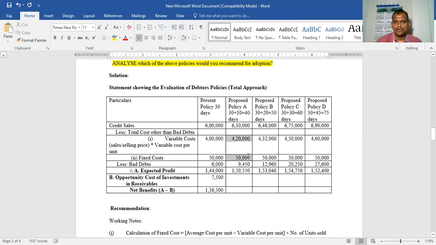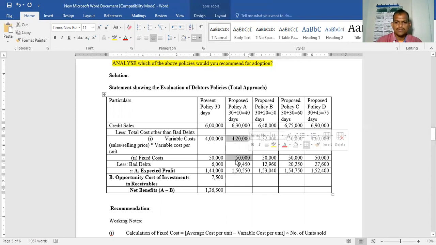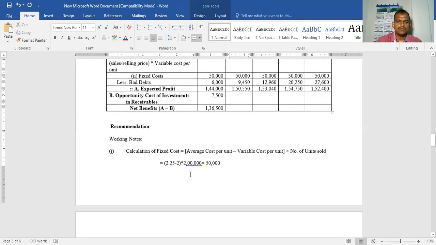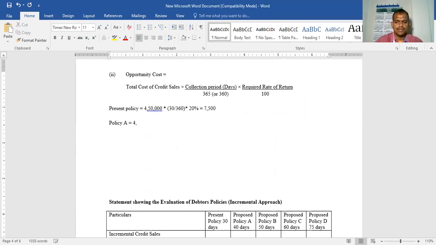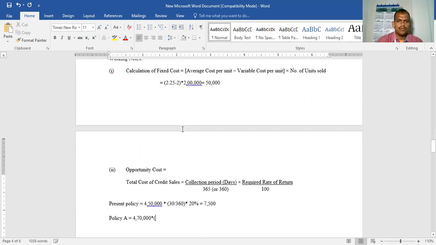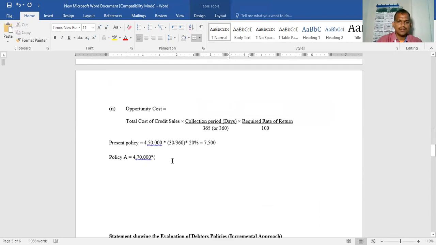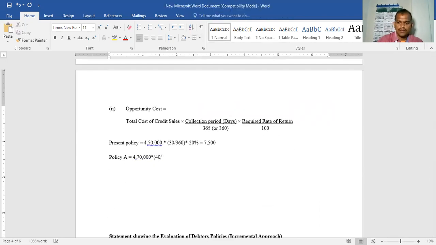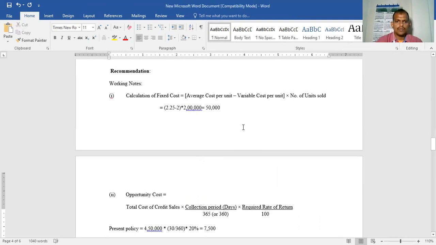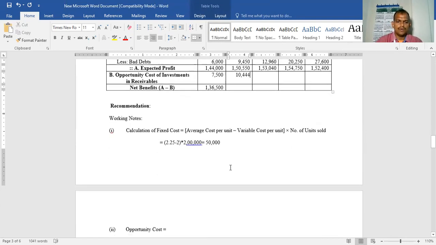We have to consider only total cost, meaning variable cost plus fixed cost: 4,70,000 for policy A into 40 days collection period, 40 by 360 into 20%. It comes around 10,444.